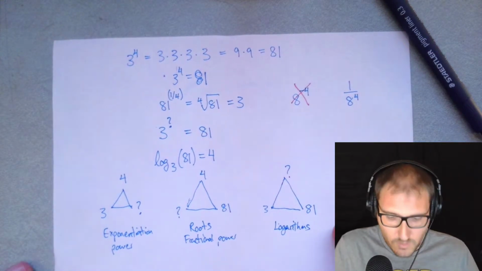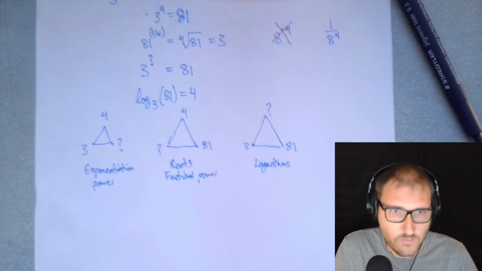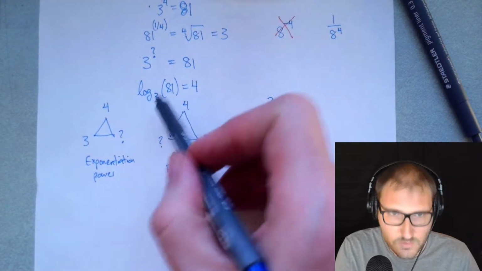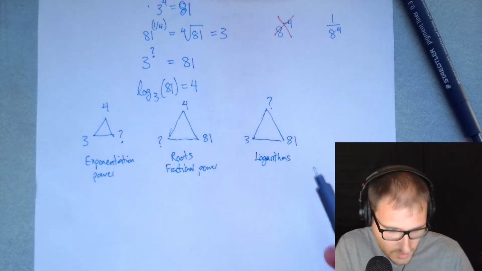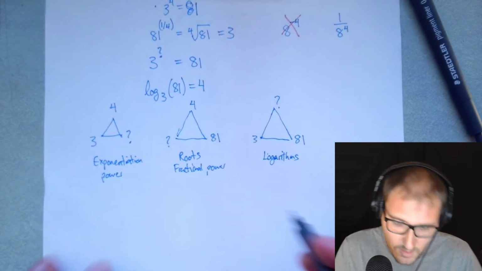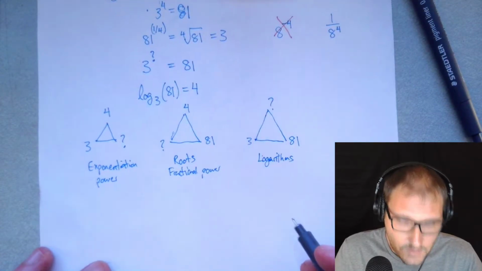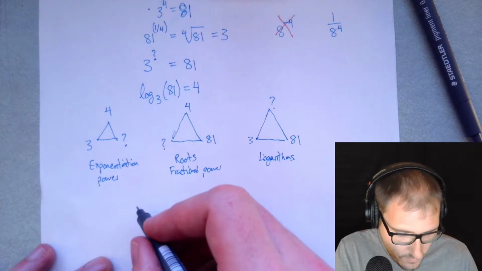So it's just this different mathematical operation. It's not really good for anything until you can calculate it, but calculators can do logs for you. There's also some properties of logs that are going to make a lot of things easier.